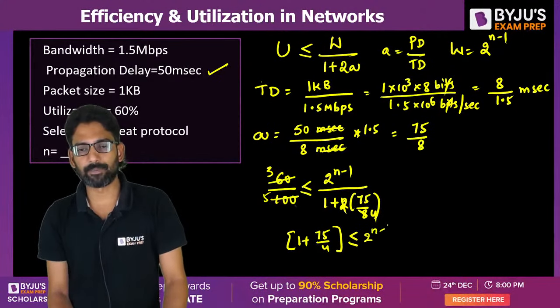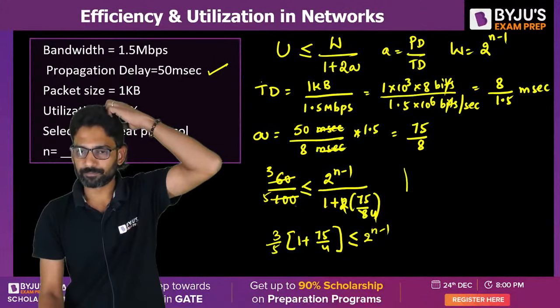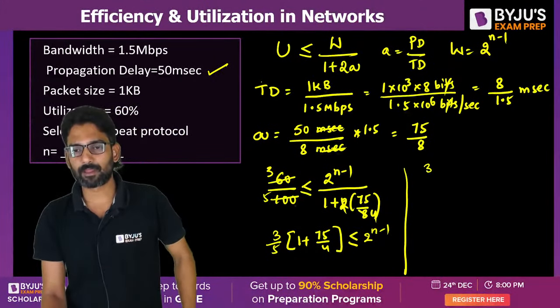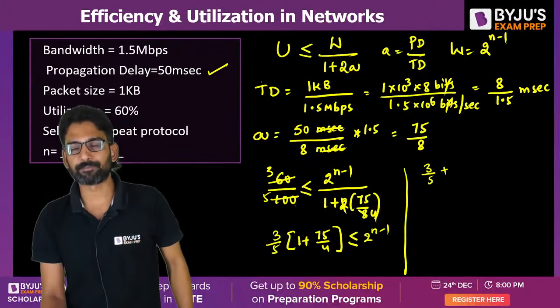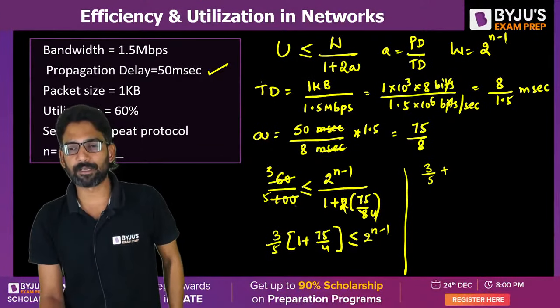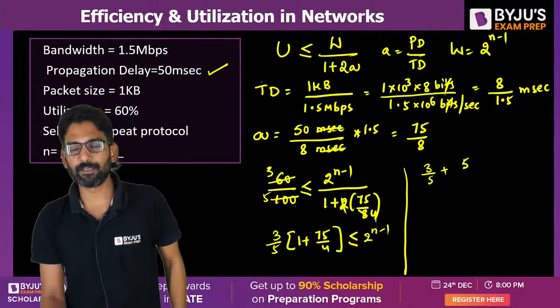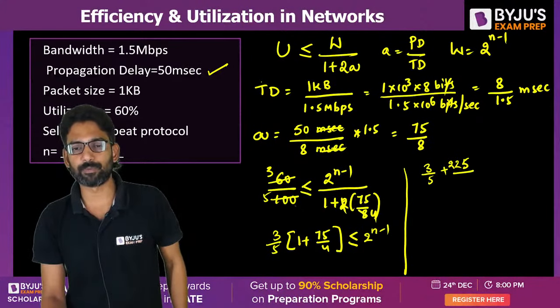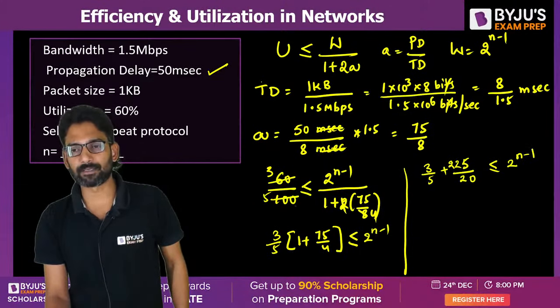So, now it is 3 by 5 plus 3 into 75 by 20, less than or equal to 2 power n minus 1.